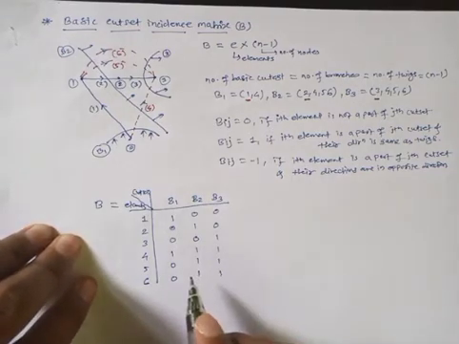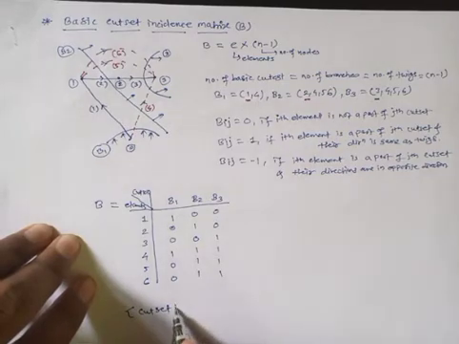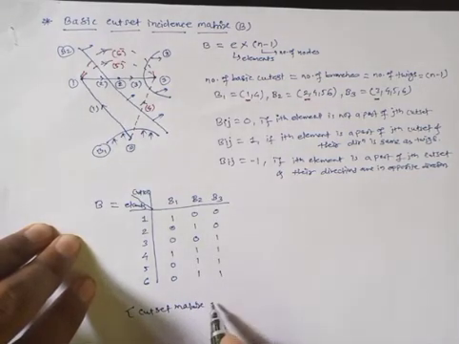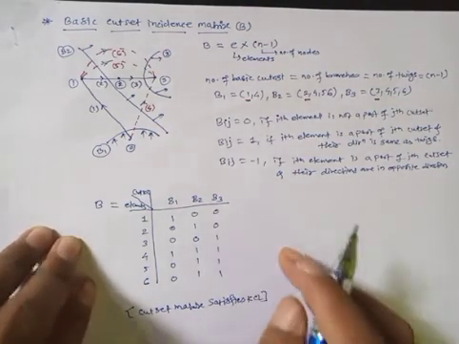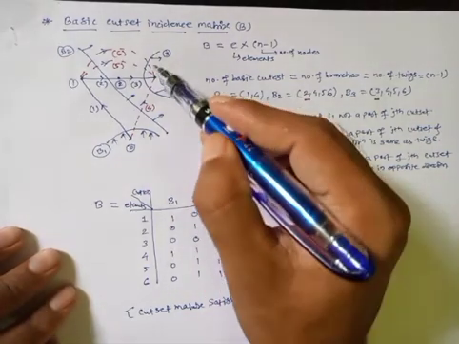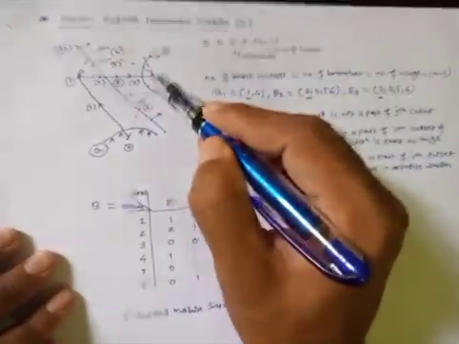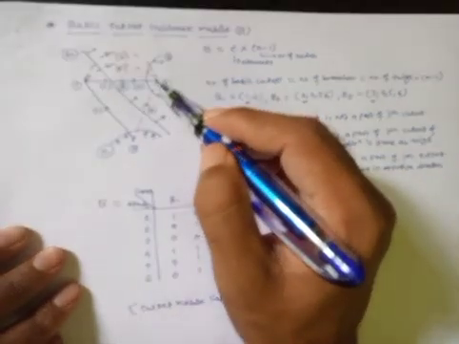And this particular cut set matrix satisfies KCL. As we are talking about the basic cut set, we are talking about a particular node, so the branches are entering at that particular node.